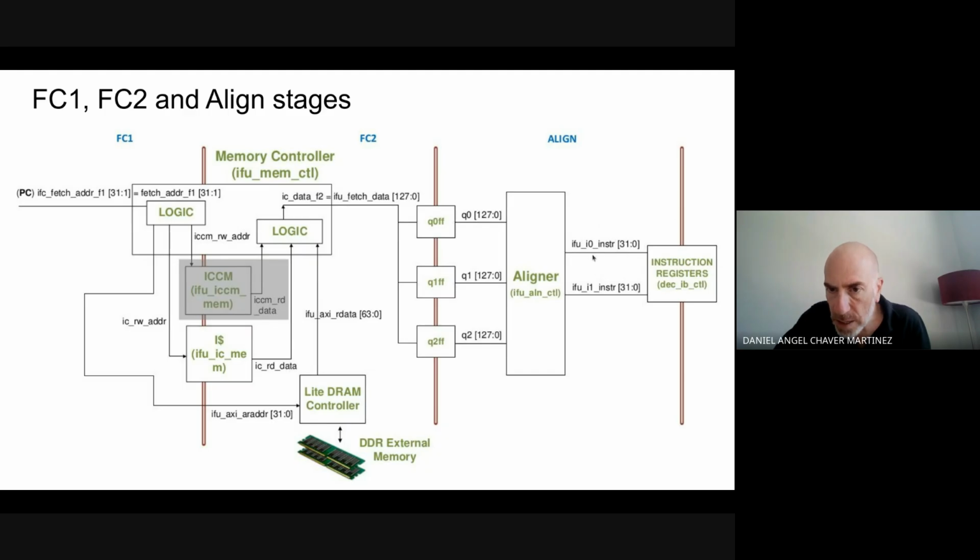Okay, note that in the name of the signal, which is the real name that we use in the Verilog code, there is a 0 for way 0 instruction and a 1 for the way 1 instruction.